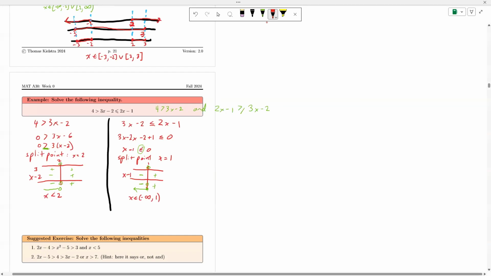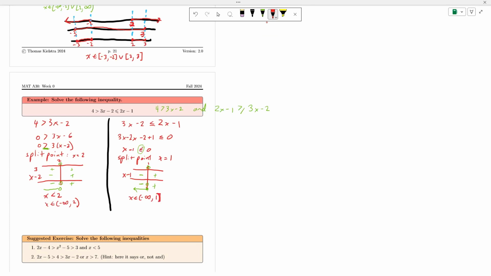And here, x is in the interval minus infinity to 2. And I include 1 here. I do not include 2 here.